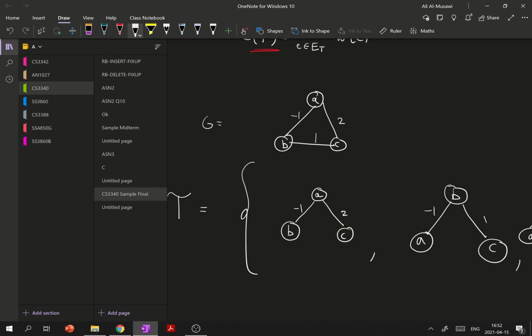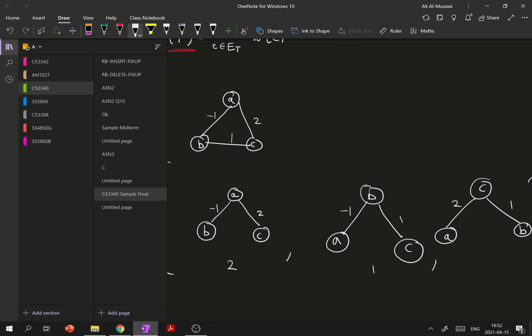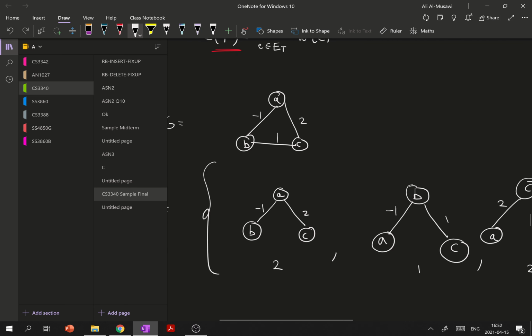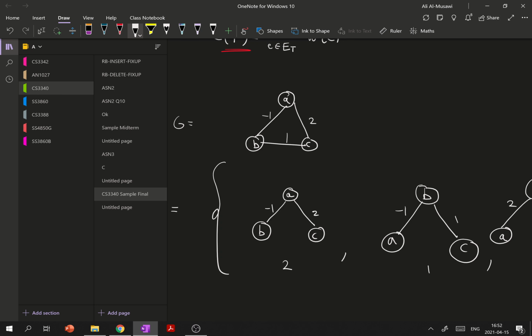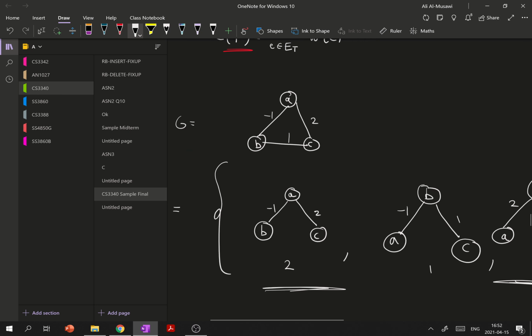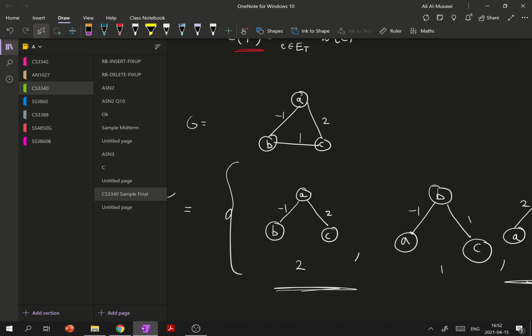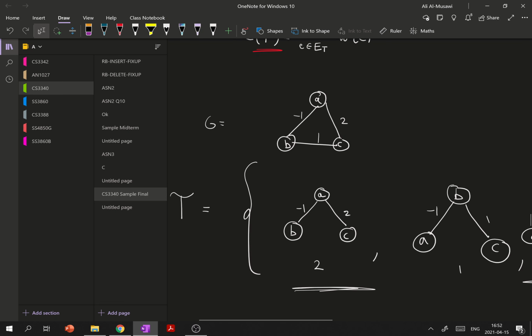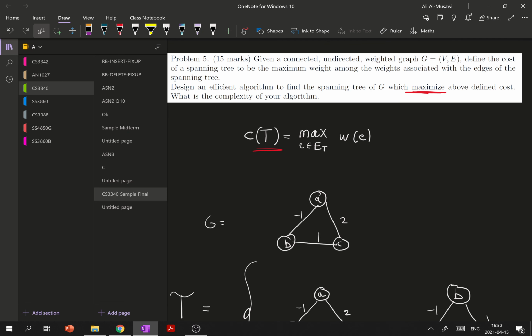Here we have -1 and 2, so the max is 2. Here the max is 1. Here the max is 2. So clearly we have 2 solutions: this is a solution and this is a solution. We need an algorithm that finds at least just one of these solutions. It doesn't say which particular solution, just one solution that maximizes this.